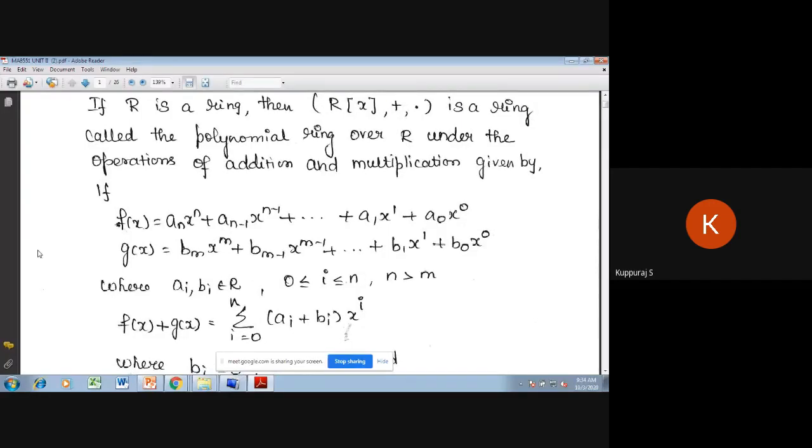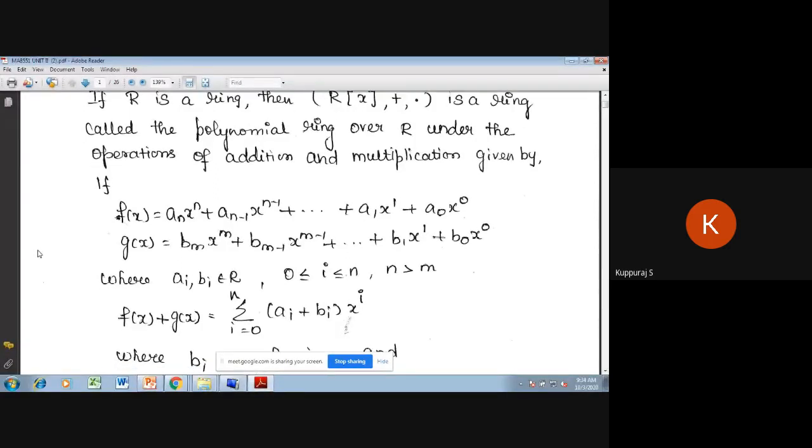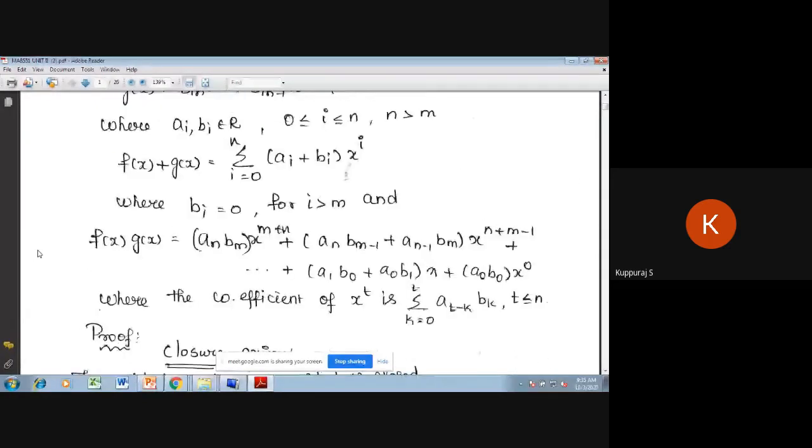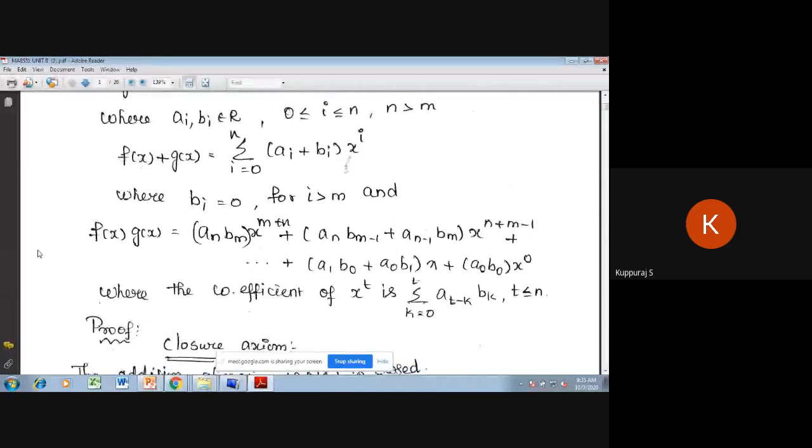The degree of f of x is n. The degree of g of x is m. Then the addition of the two polynomials f of x plus g of x is also a polynomial, and the product f of x into g of x is also a polynomial. This was proved in the last class.